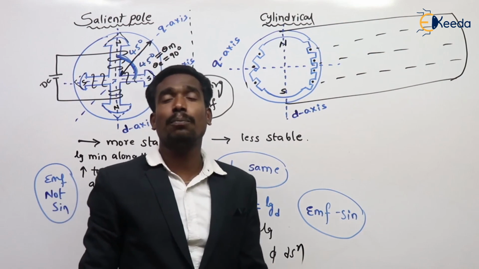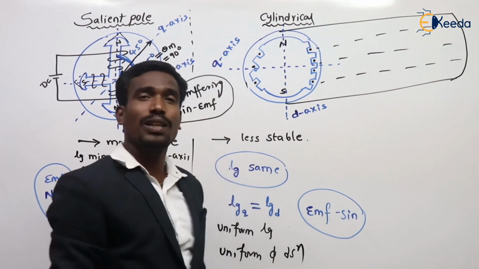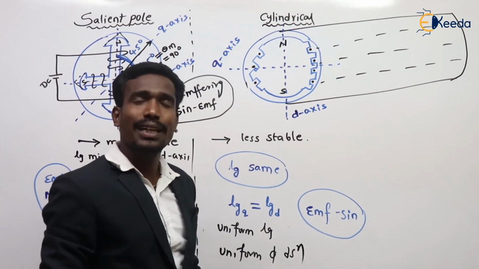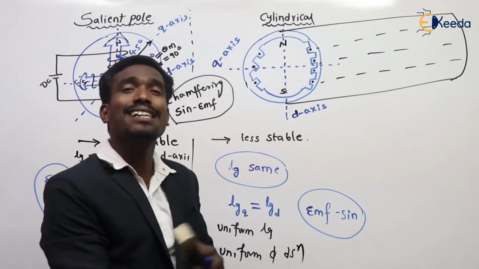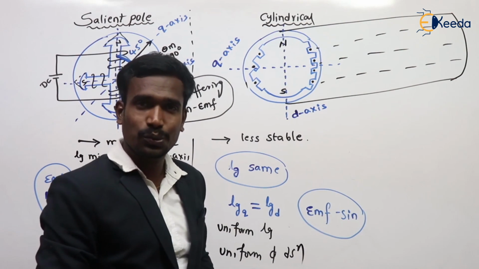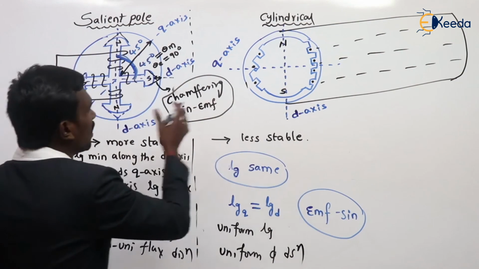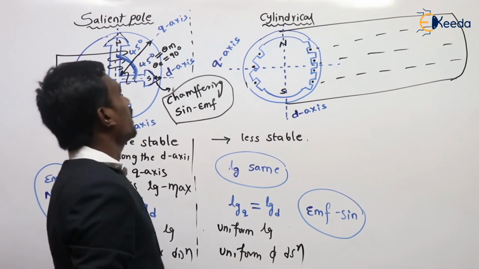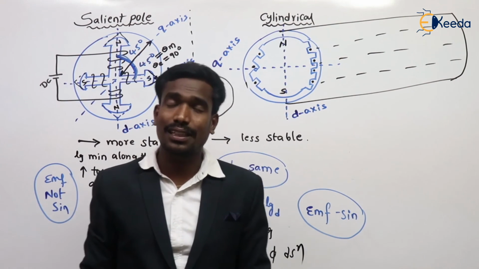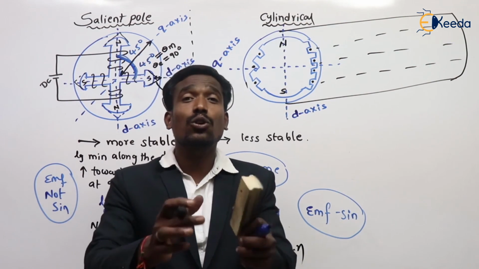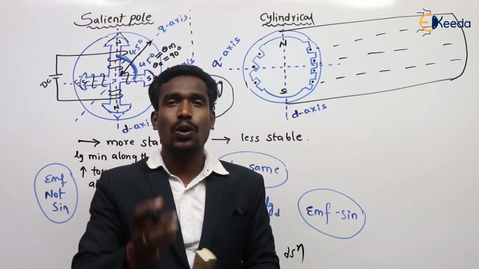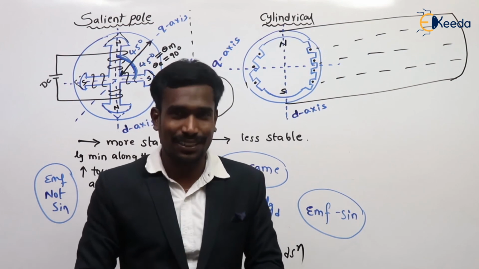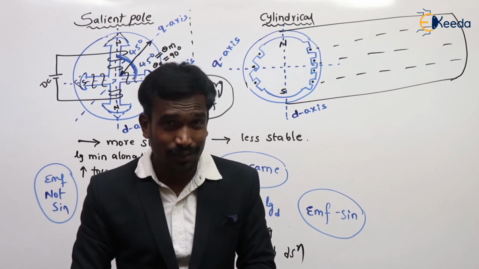By chamfering the poles, we can get sinusoidal EMF, but here there is no need of chamfering because EMF is already sinusoidal. These are the differences between salient pole and cylindrical type synchronous machines. Very, very important thing. Understood? Thank you.